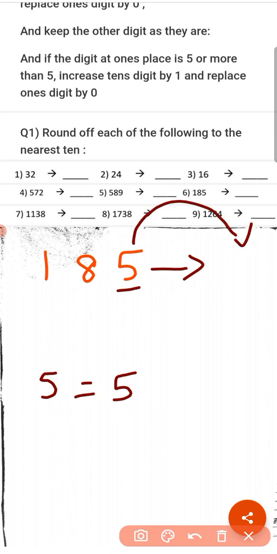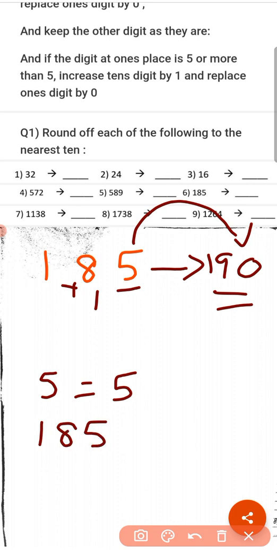Change the digit at ones place as 0. 0 ആക്കി മാറ്റുക. Then add 1 to the digit at the tens place. 8 plus 1 is 9 and write the digit at the hundreds place. Don't change the digit at the hundreds place. So 185 becomes 190.